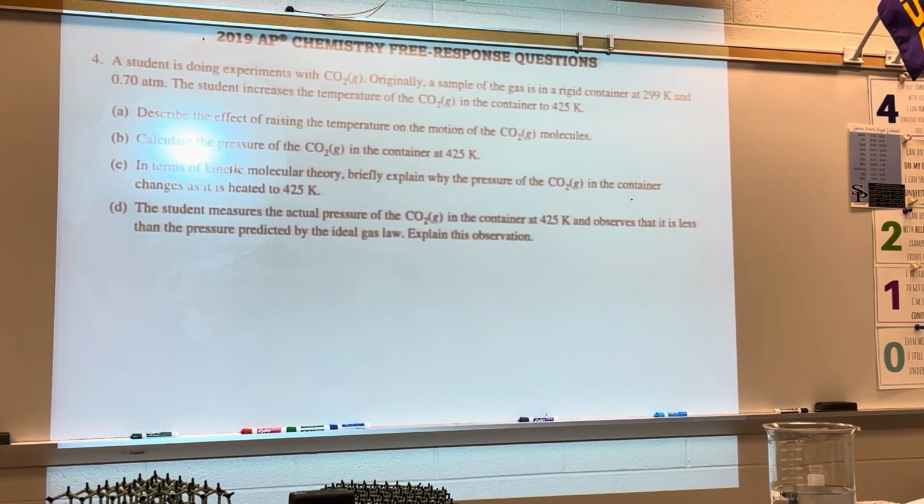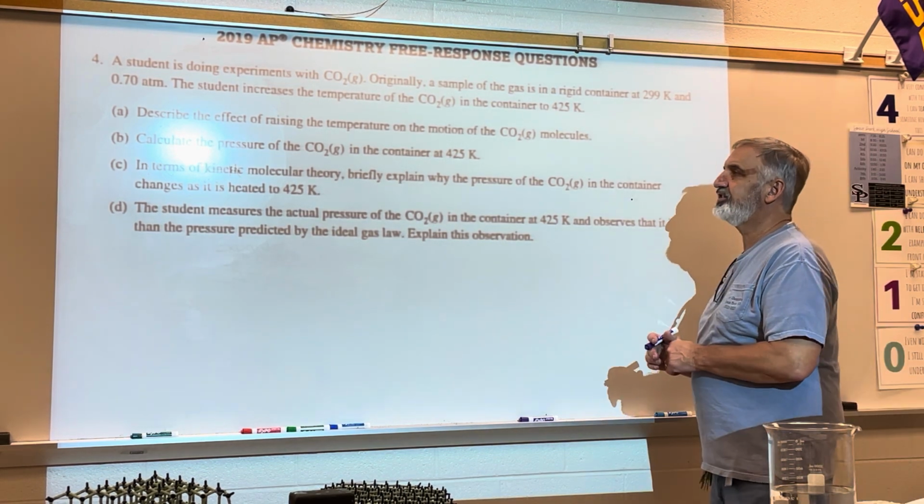The average kinetic energy, which means the molecules are moving faster. Basically, you need to say the molecules are moving faster. You've got to say more than heat them up, speed them up. Okay, that's the concept.